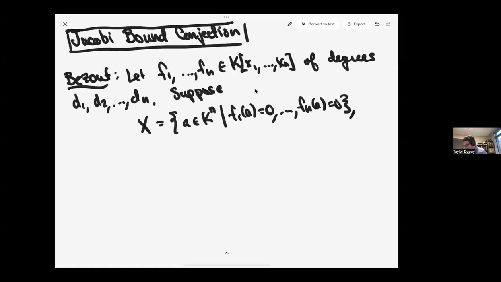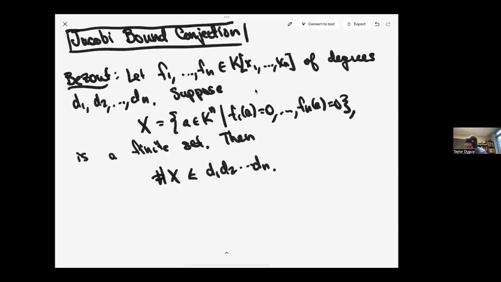Okay, so we're supposing that this is a finite set. Then we get that the bound on the number of solutions is less than or equal to the product of the degrees. Okay, so this is a classical version. We suppose some sort of finiteness, and when we have finiteness, we get a bound.